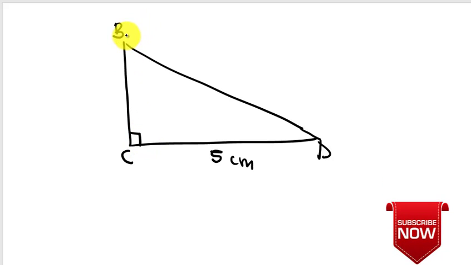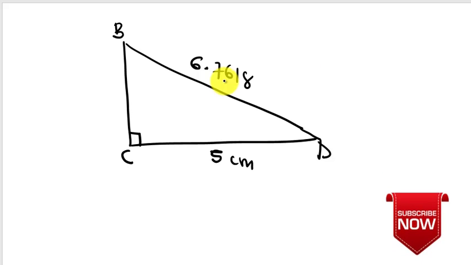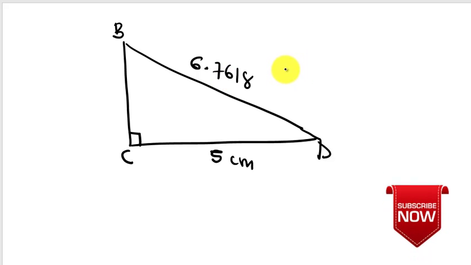And now we know the value for BD, but the actual length was 6.7618. So we can use that, although it was approximated to 7 centimeters, we can use the 6.7618.